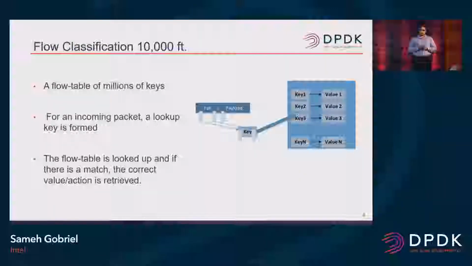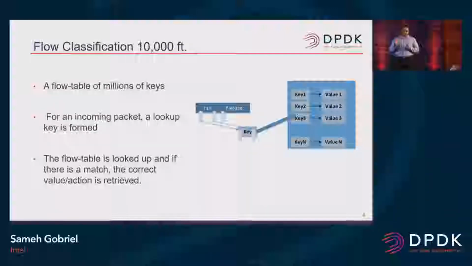Before we dig into the details of the slides, let's take a look at flow classification, very, very high level, 10,000 feet above what is exactly flow classification. So typically, when you are classifying some incoming flows, you have a table of all the possible keys, like millions or thousands of flows in a table. And then you get a packet. Out of this packet, you form a key, getting some fields out of the packet from the header and the payload.